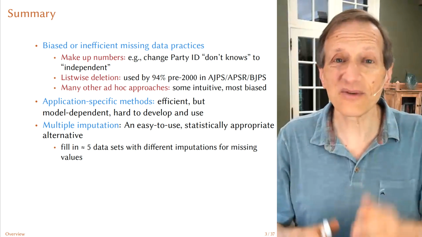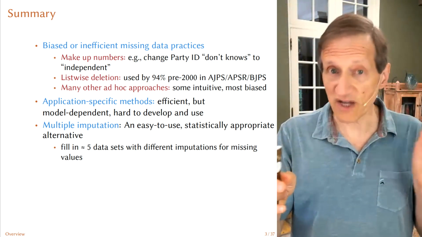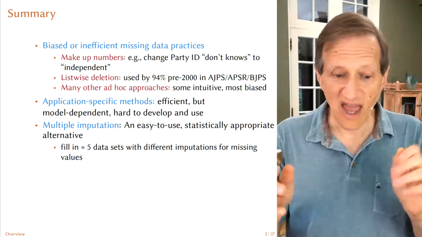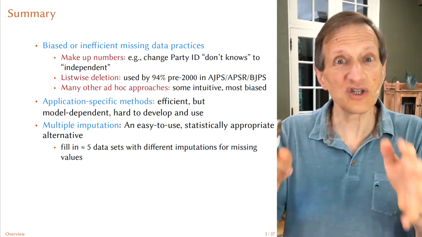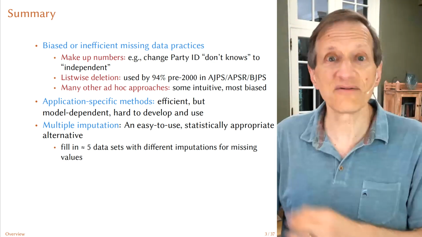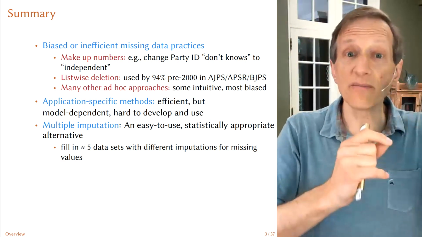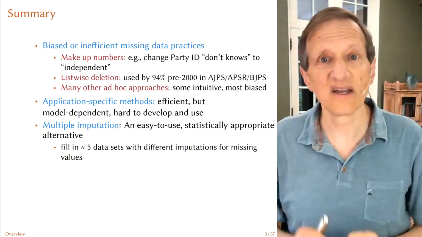So what multiple imputation does is it takes the data set, it uses a special procedure to fill in the values, and then you take this completed data set and you put it over here. Then you take the Swiss cheese data set again and you fill them in again and you put it over there. And you do that 5 times. The values that you impute, that you fill in the holes in the Swiss cheese, differ across the data sets.